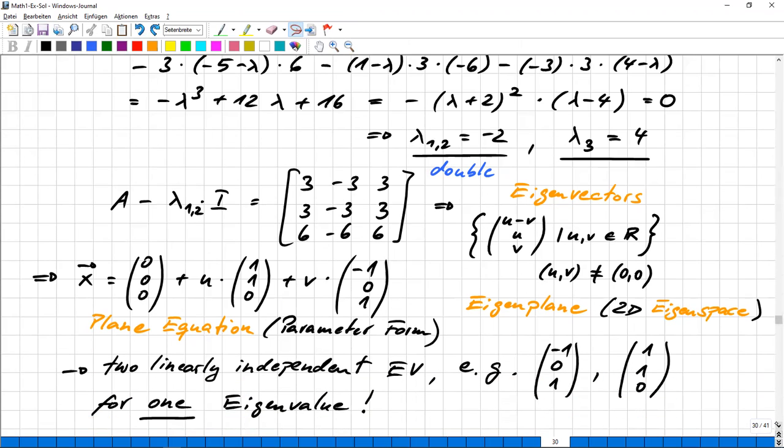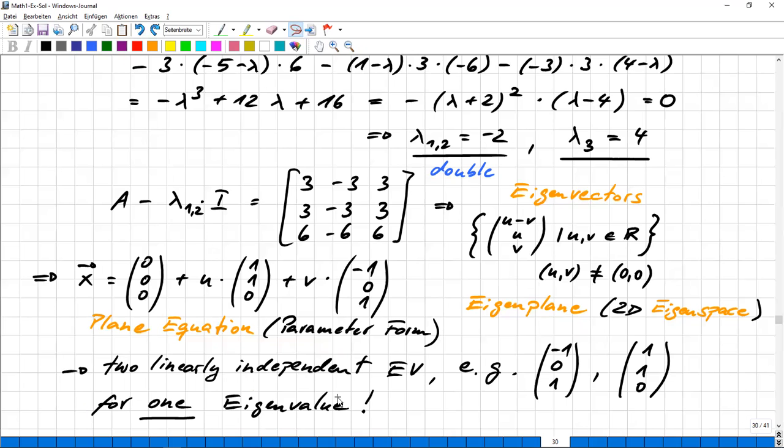And now what we found is, in this case, we have two linearly independent eigenvectors for one of these eigenvalues. But exactly speaking, if we find two linearly independent eigenvectors to one and the same eigenvalue, they suddenly represent a whole eigenplane.